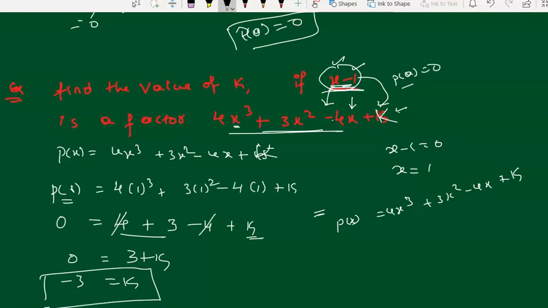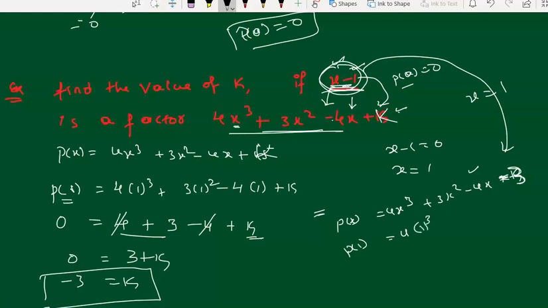What is the value we have calculated for k? That is minus 3. So if I put minus 3 here, this is my polynomial. Now if you want to check whether x minus 1 is a factor of this, we are going to calculate a value. If you put 1 here, p of 1 will become 0. Then only I am saying it is a factor of this.